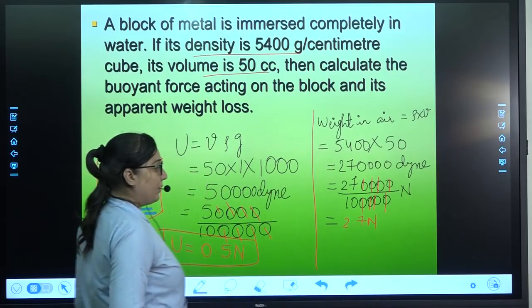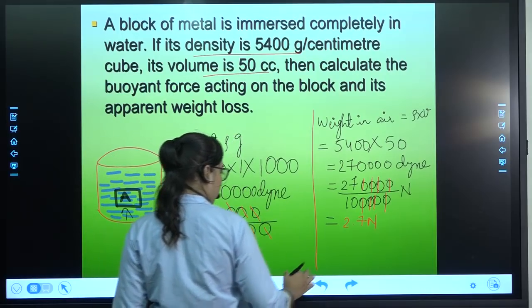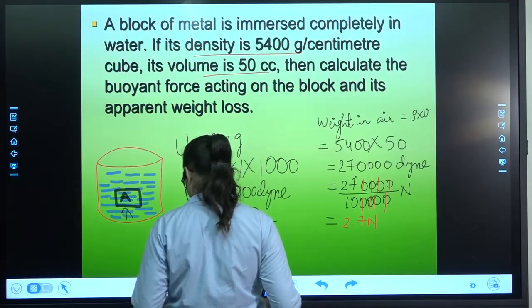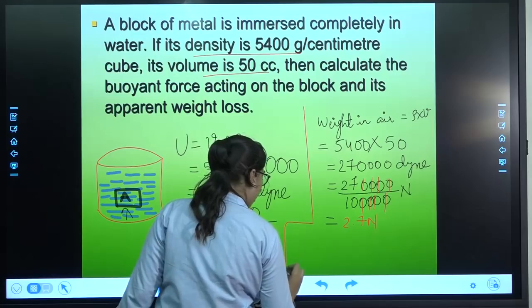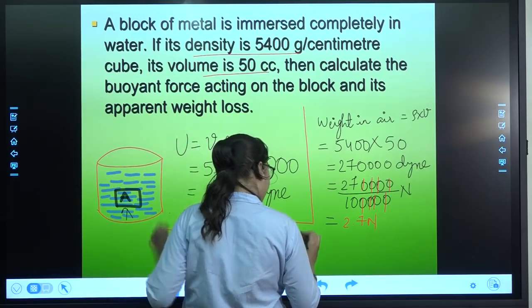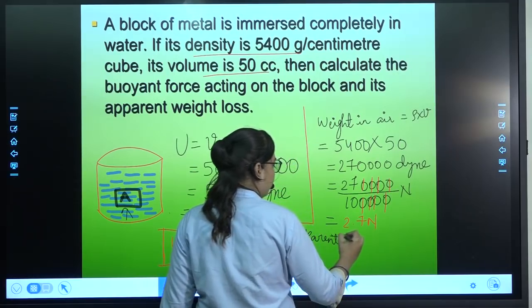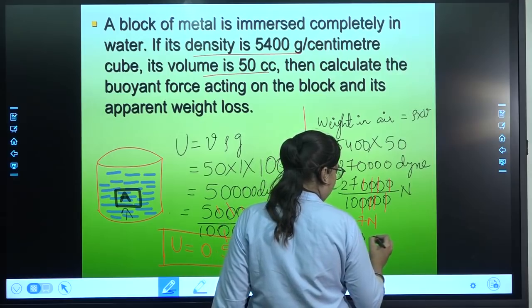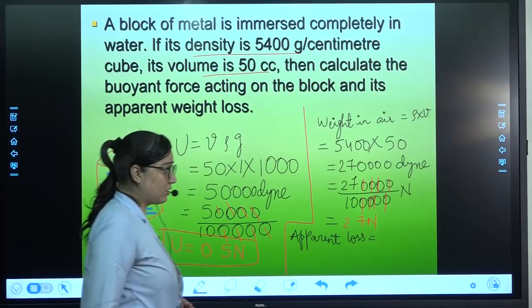Now, what will be the apparent loss? Apparent loss is actual weight minus the upthrust.